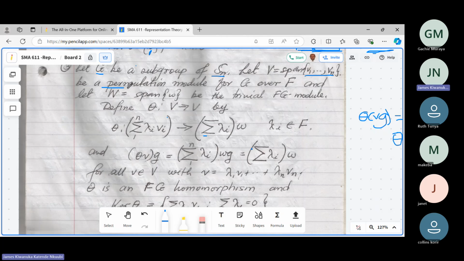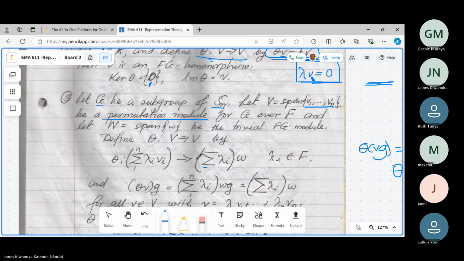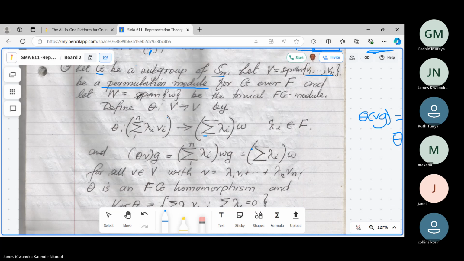This one assumes you already know the permutation module. The definition of permutation module, but we can still run through this.